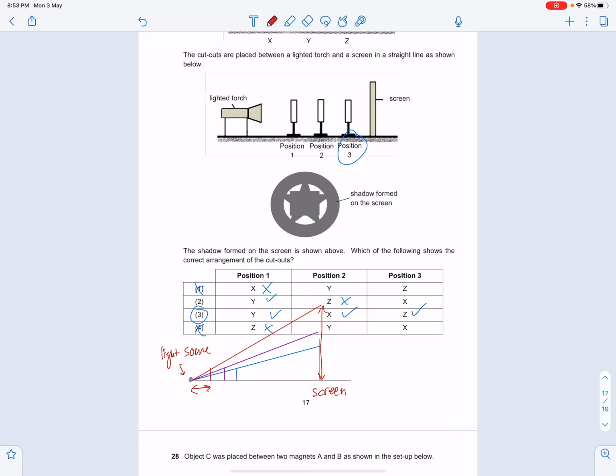So in the exam, if you really forget that the nearer the object is to your light, the bigger the shadow formed on your screen, you can use this method to help you decipher what position will give you a bigger or smaller shadow.